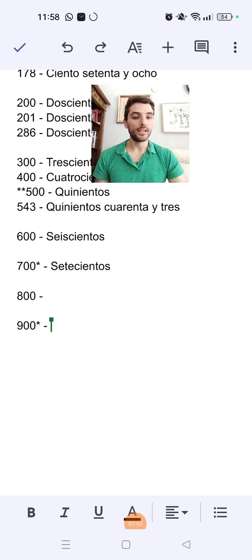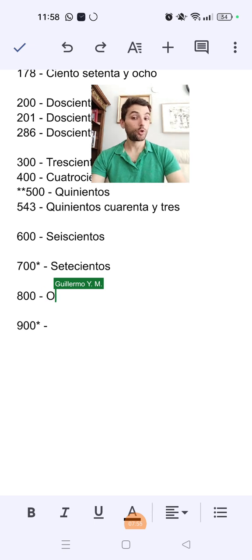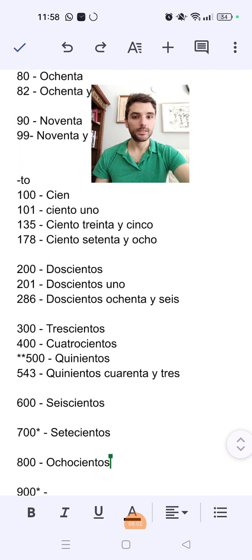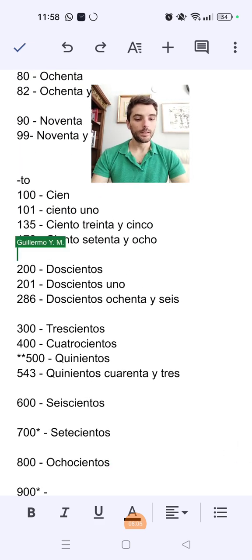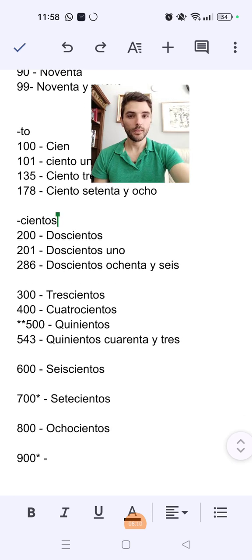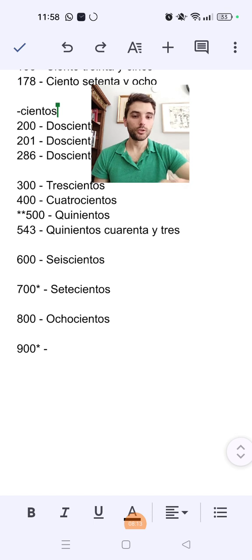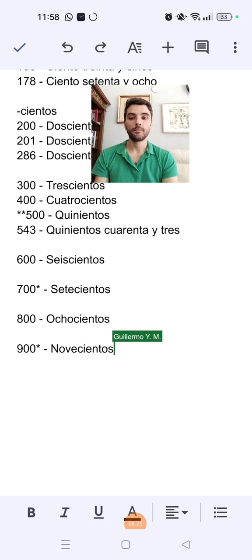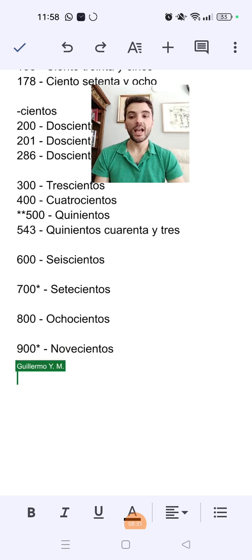So the 800 is ochocientos. Actually, let's put here that the pattern is cientos. So 800, and then here the same root as in the 90, so it's not nueve, it's nove. 900, novecientos. So we have reached the 1000.